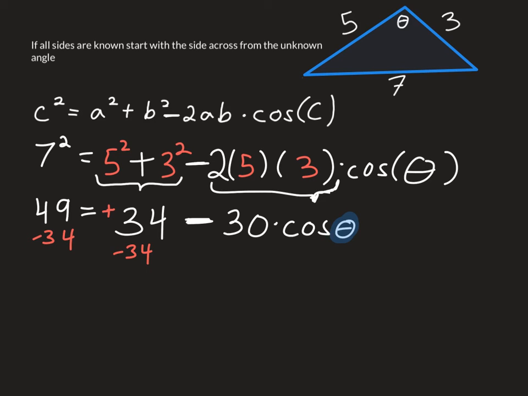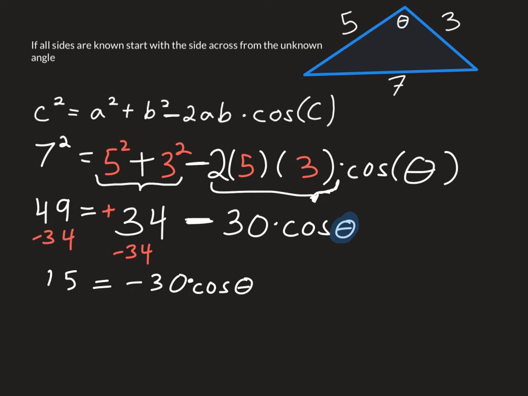That's going to leave me with 15 on the left, and a negative 30 times the cosine of theta on the right.